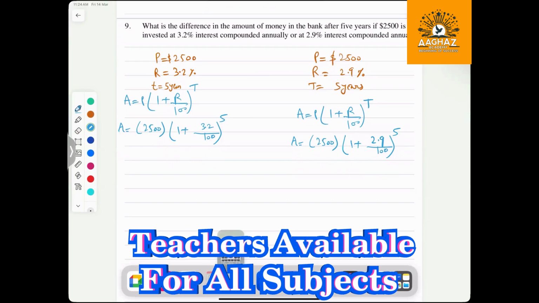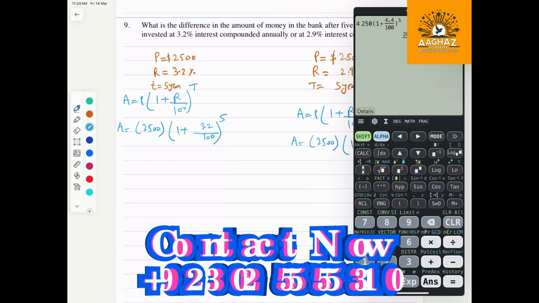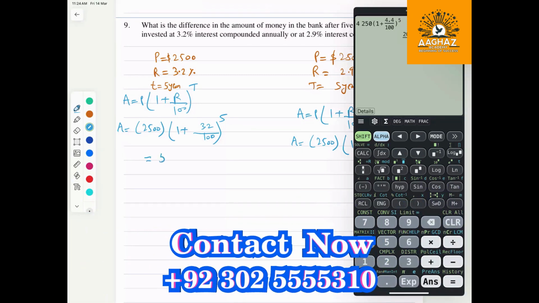And now I am going to perform my calculation. So you can see that for 2500 (1 + 3.2/100) whole power 5, the answer will be $4974.94.